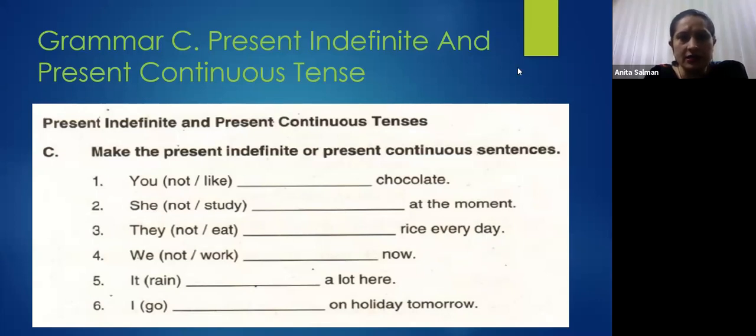She dash at the moment. So many students raised their hands up. Actually, on the screen, I'm unable to see.